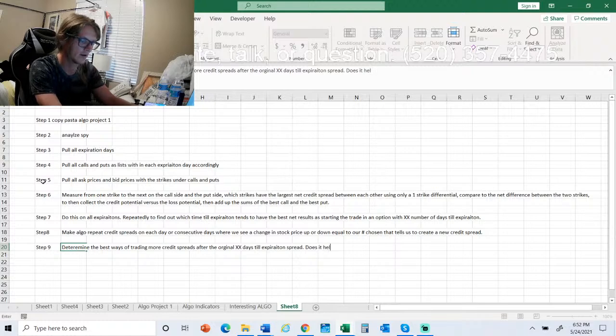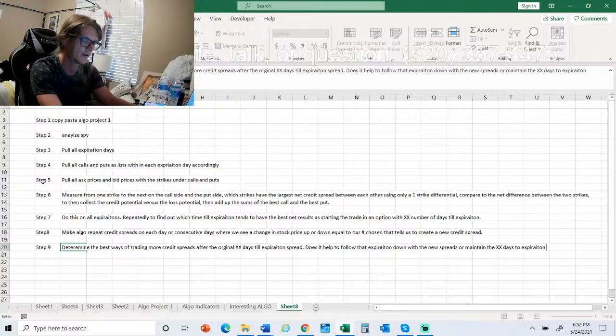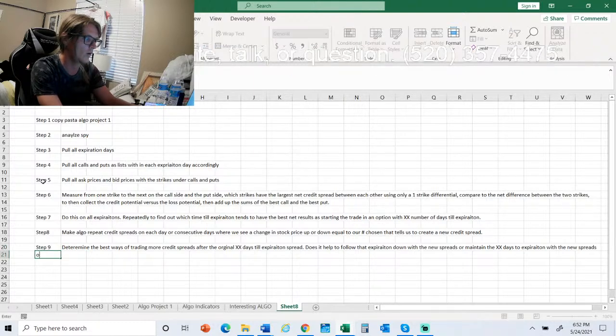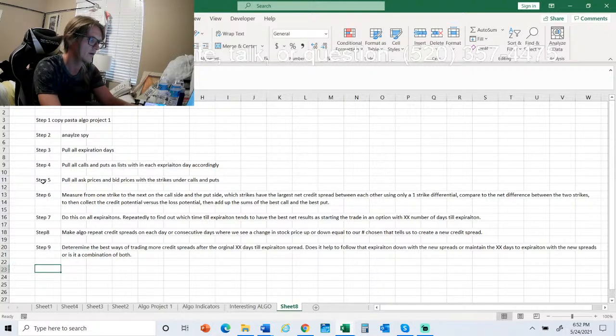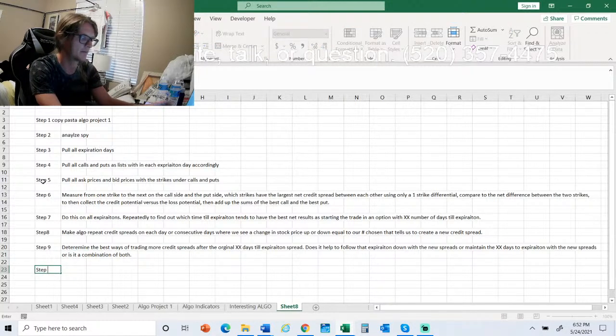Does it help to follow that expiration down with the new spreads, or maintain the XX days to expiration with the new spreads? Or is it a combination of both? Step 10.